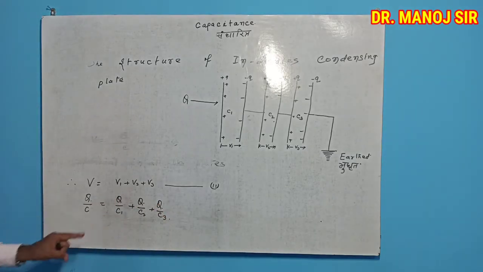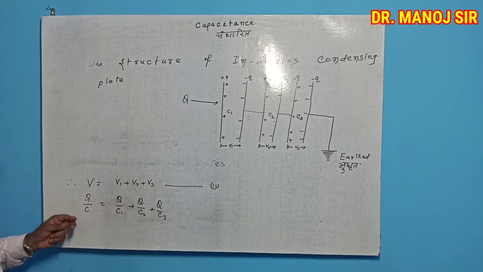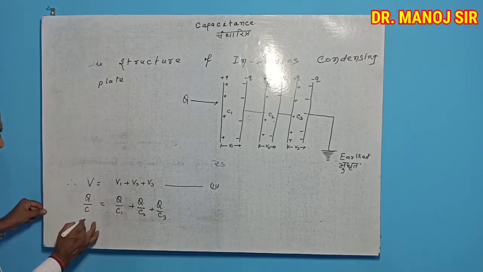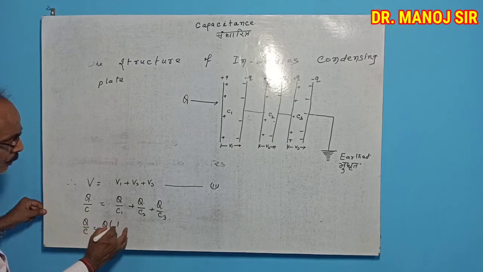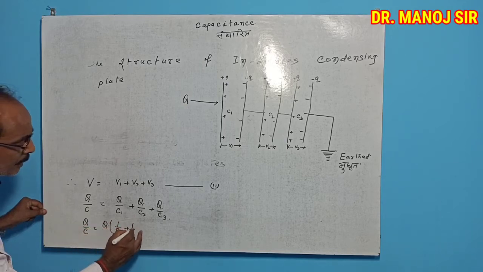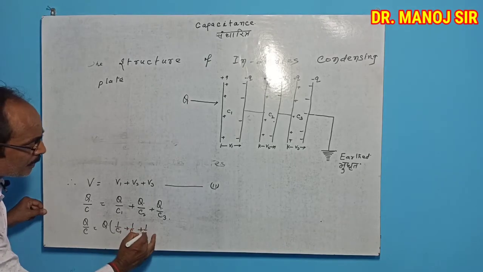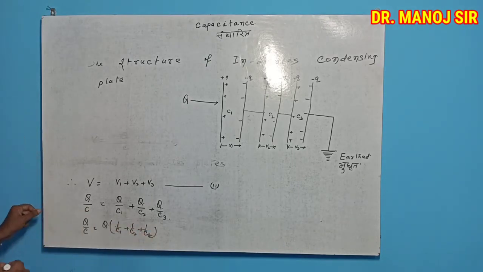Taking Q common, Q upon C equals Q times 1 by C1 plus 1 by C2 plus 1 by C3.